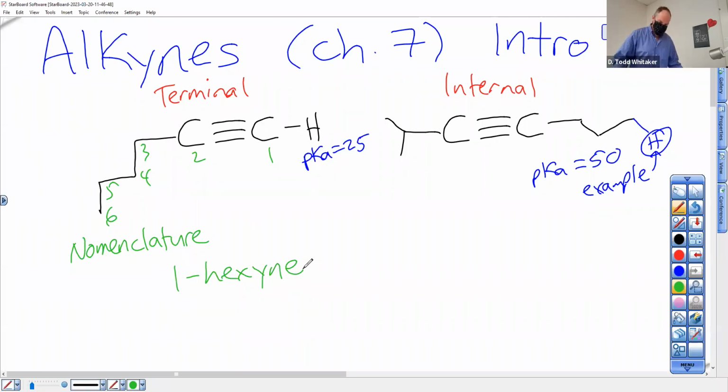Now the other one, where should you start, left or right? Remember, alkyne needs to be on the lowest possible number. You should start on the left, because that way it ends up starting on 3.